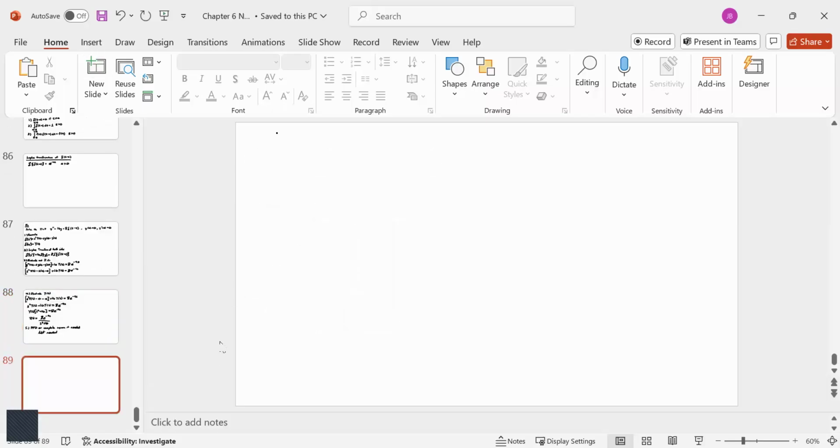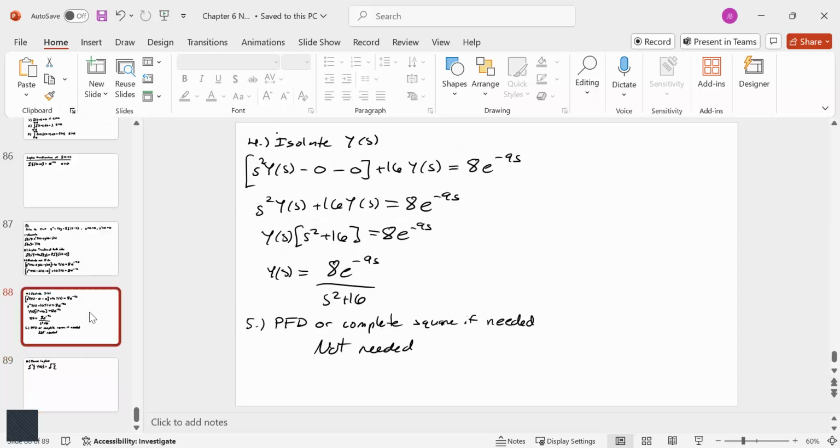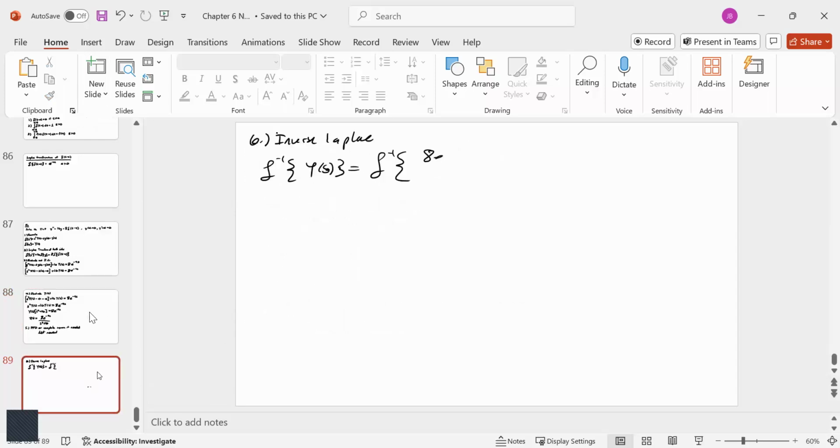And then step 6 is inverse. So the inverse Laplace of Y of s is equal to the inverse Laplace of 8 e to the negative 9s over s squared plus 16. So we got to think to ourselves, okay, I have s squared plus 16, right?